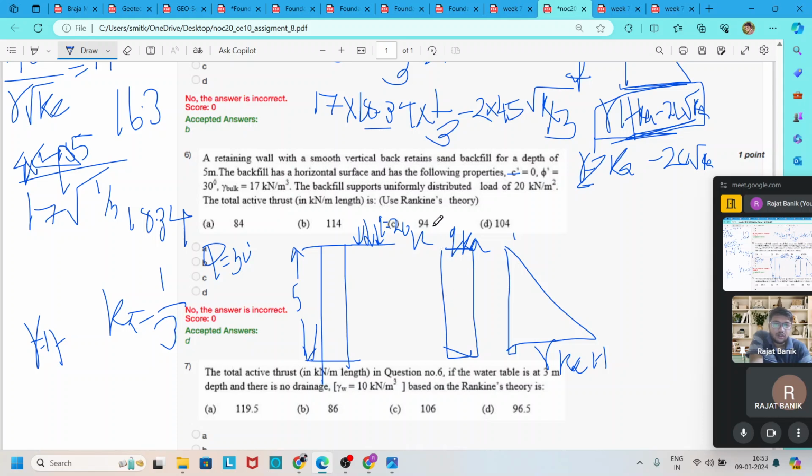So to find the total active thrust, we find the area of this diagram and add them: area 1 and area 2.